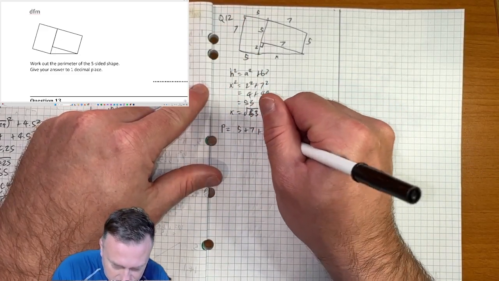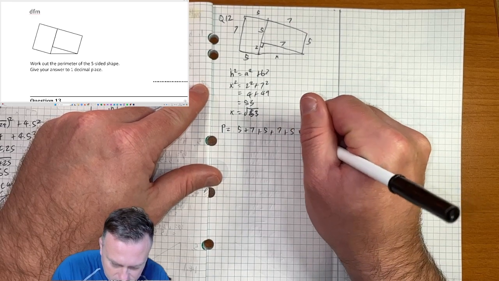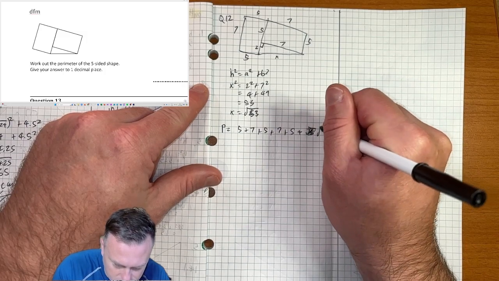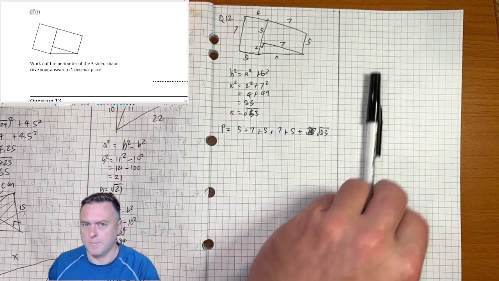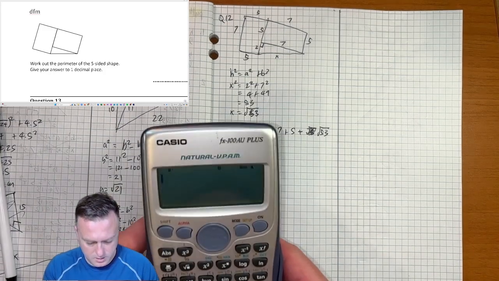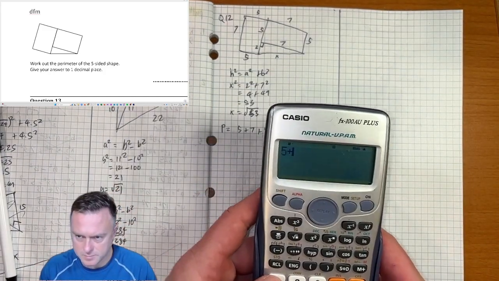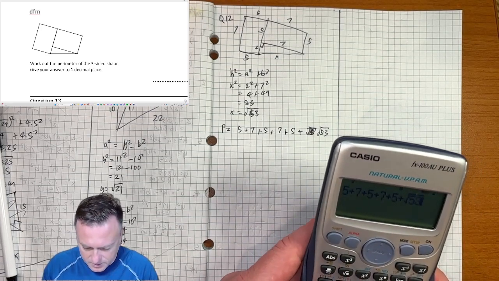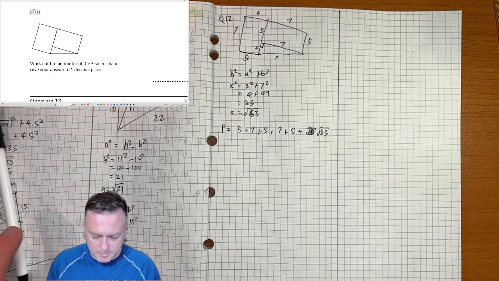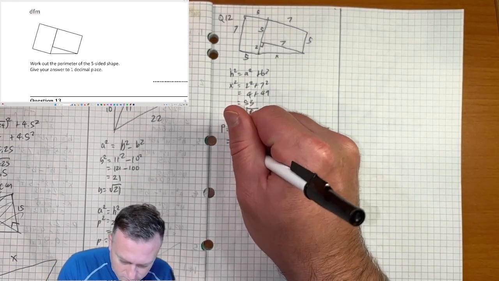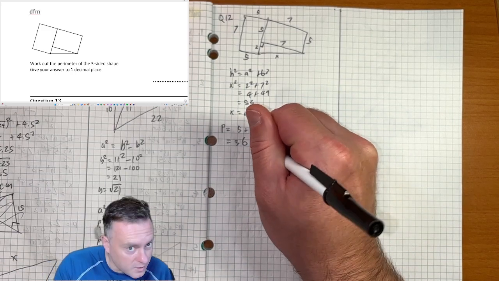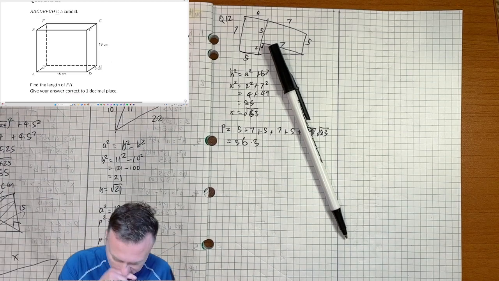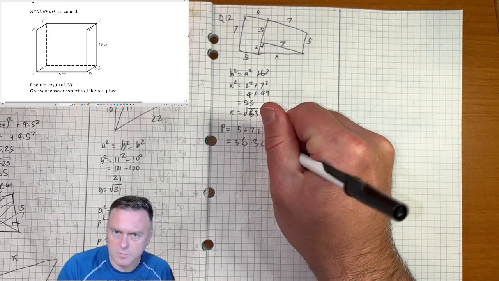So 5 plus 7 plus 5 plus 7 plus 5 plus the square root of 53. Here we go. 36.28. 36.3. And it was measured in centimeters, I'm pretty sure. Yeah, centimeters. Cool.